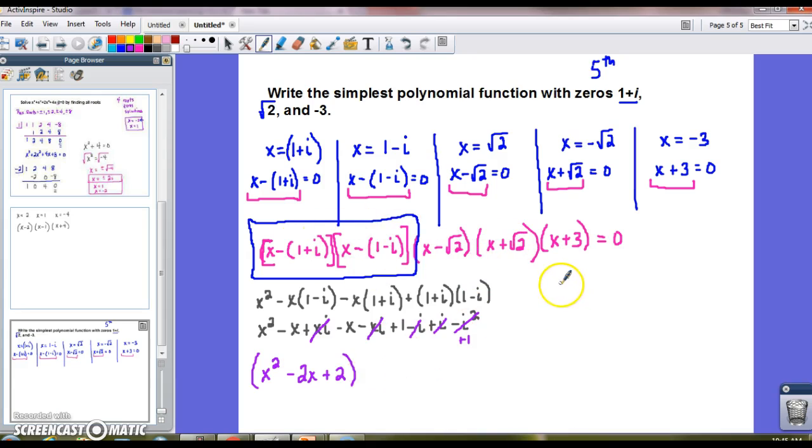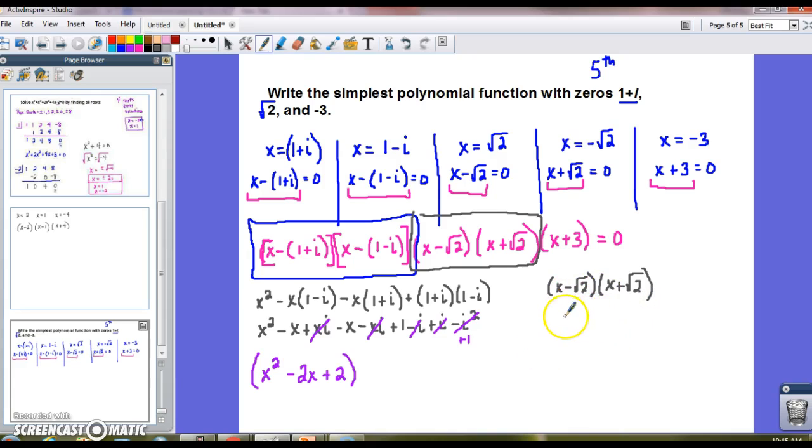Let's look at these two in this gray box here. Let's multiply these two together. So I have x minus square root 2, x plus square root 2.